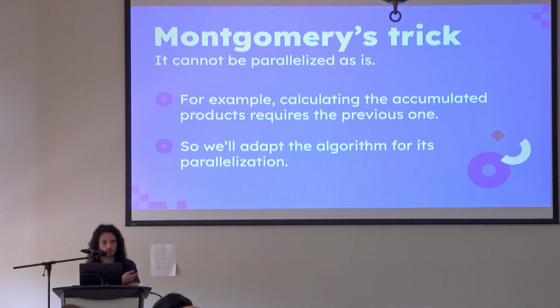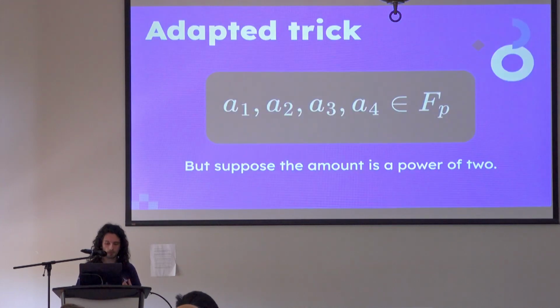So there's a strictly, inherently sequential thing going on with the way the trick is built here. So we'll adapt it a little bit for it to be parallelized, which is what one would do when one wants to parallelize algorithms for GPU.